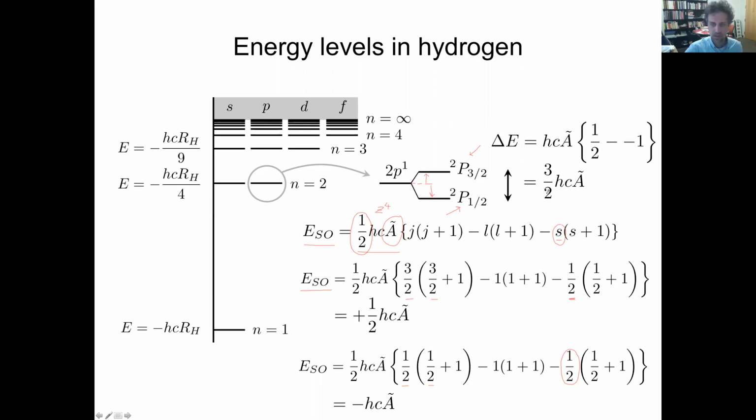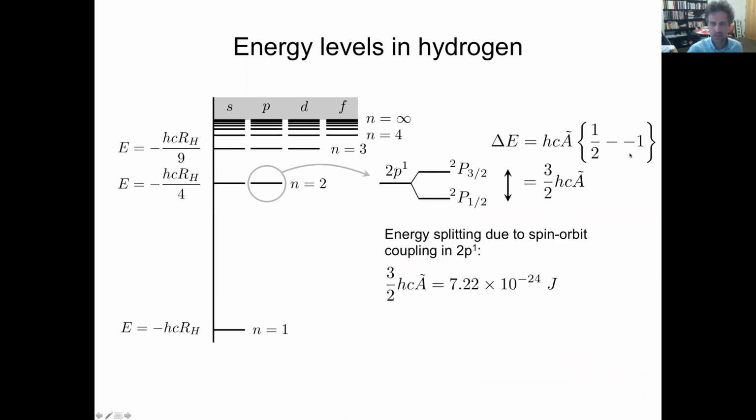Okay, so let's compute, because we now have an expression, 3/2 times h times c times A tilde. A tilde we can compute as well. I will not show you how to do that, but there is a remark in the lecture notes. You can see how I did that. And if you plug in the numbers, you find 7.2 times 10 to the minus 24 joules.